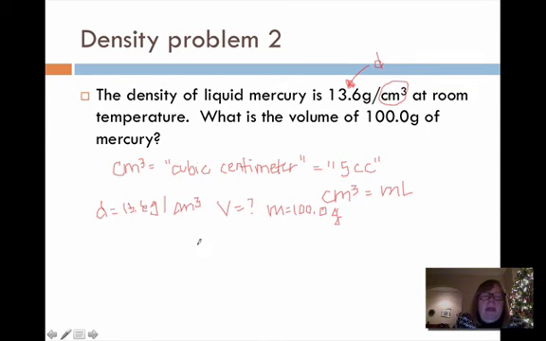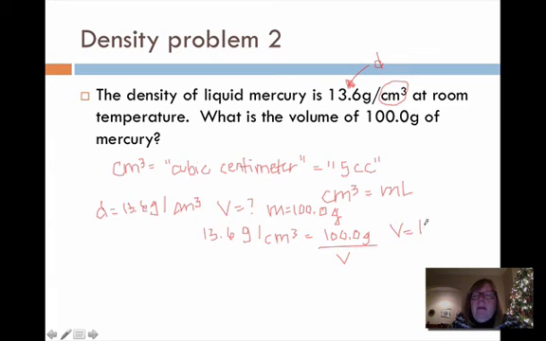Okay, so here we go. Density: 13.6 grams per cubic centimeter is equal to 100 grams, our mass, divided by our volume, which is what we're solving for. Now we're going to cross multiply here. So it's going to be 13.6 grams per centimeters cubed times volume equals 100 grams. So our volume is going to be 100 grams, divided by 13.6 grams per cubic centimeter.